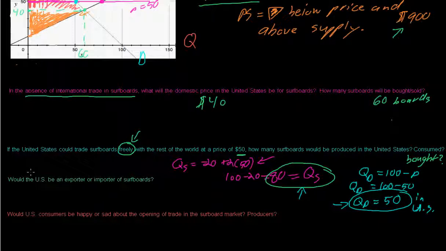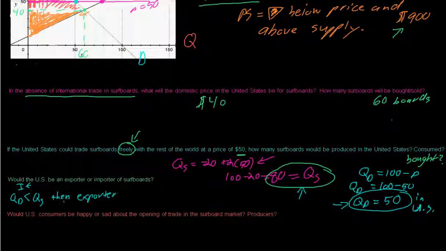So I'll go ahead and write out a little diagram for you so that this is really, really simple. If the quantity demanded domestically is less than the quantity supplied domestically, then you'll be an exporter.